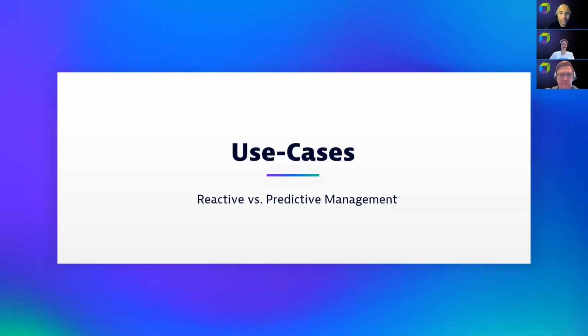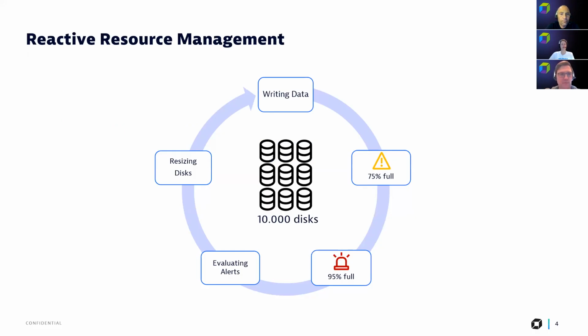And here I want to shortly talk about reactive versus predictive maintenance. So when talking about the infrastructure companies have to monitor, you usually think of business critical resources, like, for example, disks.